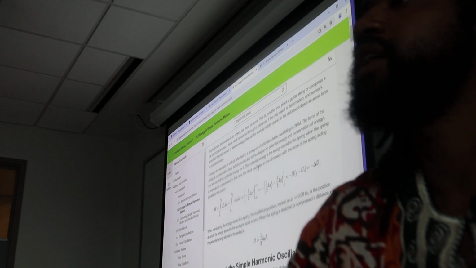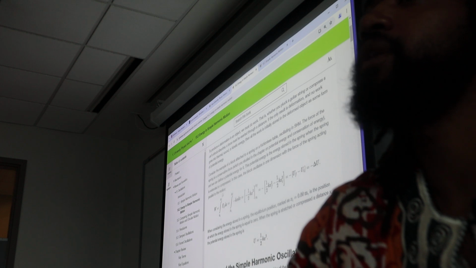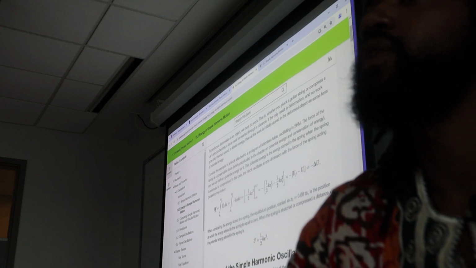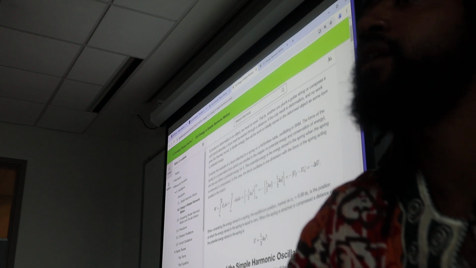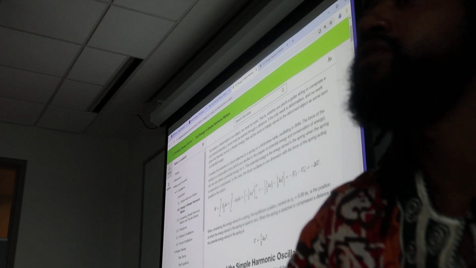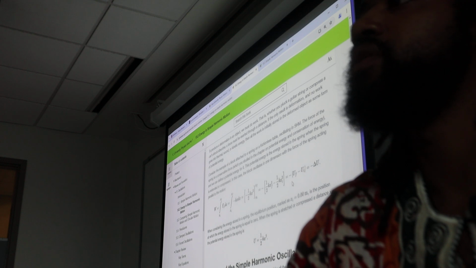In this case, the block oscillates in one dimension with the force of the spring acting parallel to the motion. So we get W, or work, which equals force times distance. So looking at the integral from initial to final of our x position with our force in the x direction with respect to x.